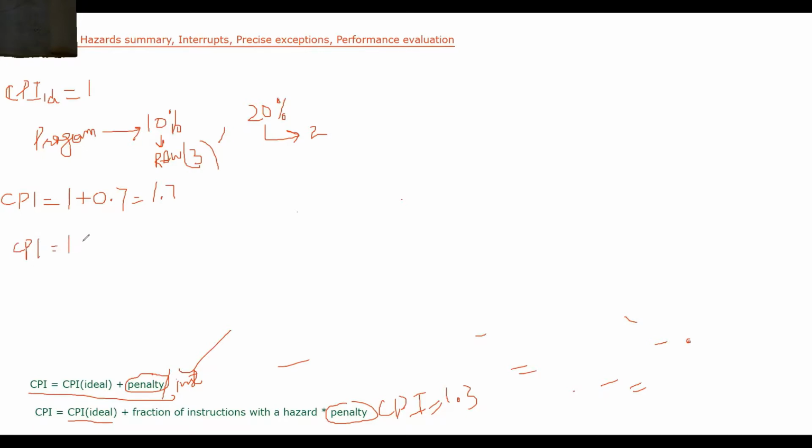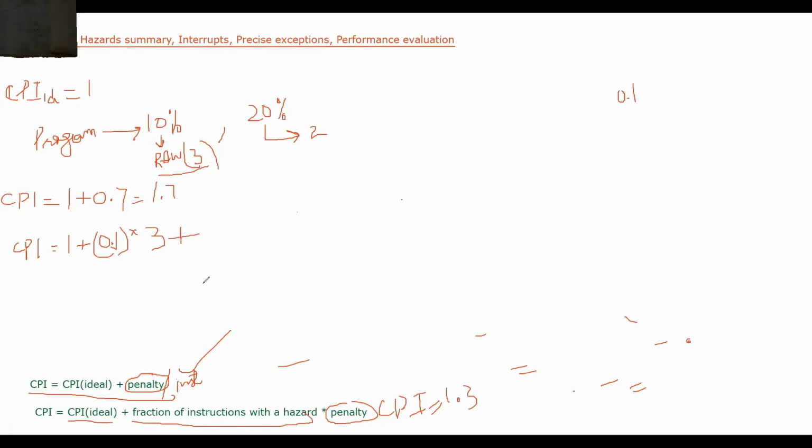What is CPI ideal? 1 plus fraction of instructions with a hazard. So let's first take RAW hazard. What fraction has a RAW hazard? 0.1. So what is the fraction here? 0.1 into penalty. And what is the penalty associated with RAW hazard? 3. So this is for RAW hazard.